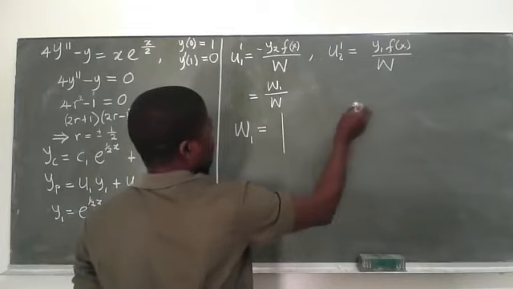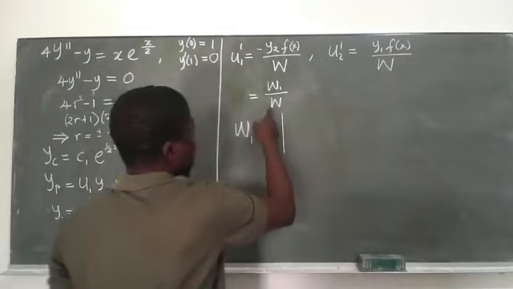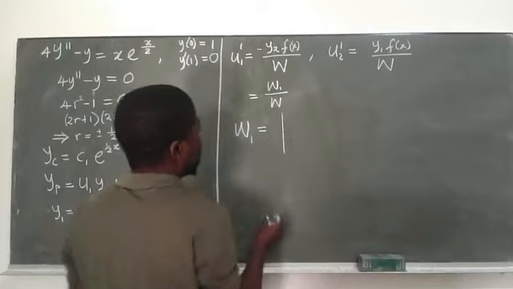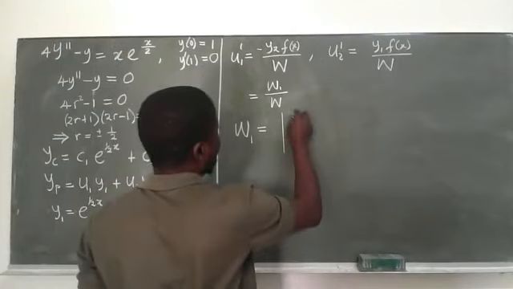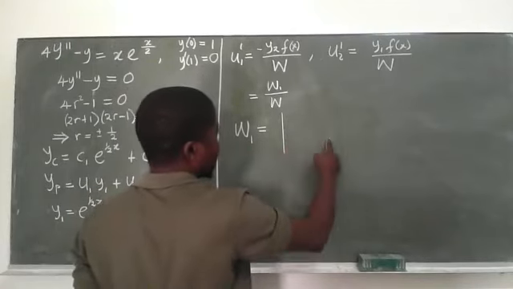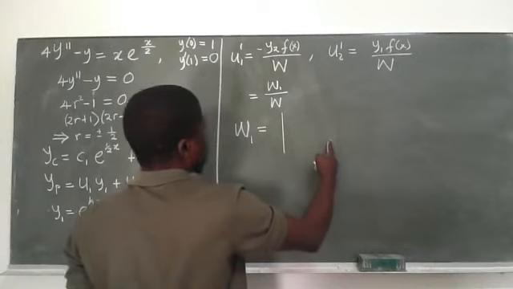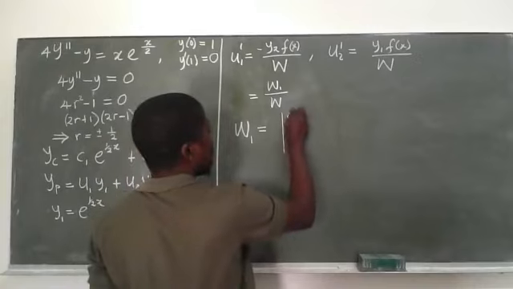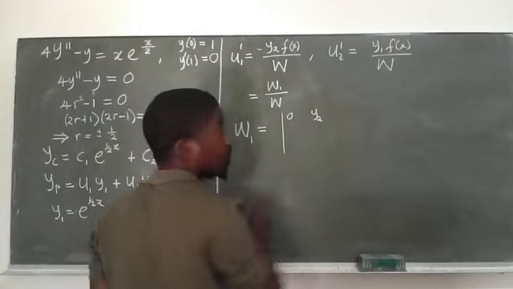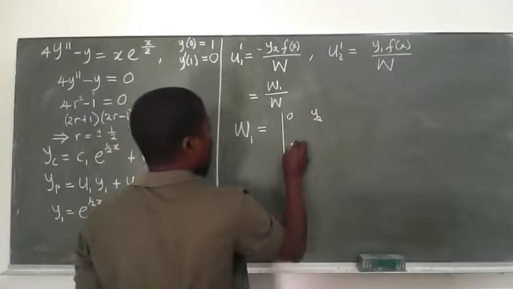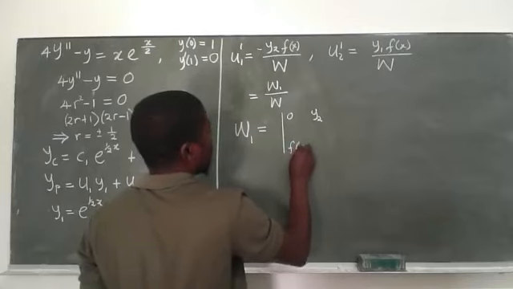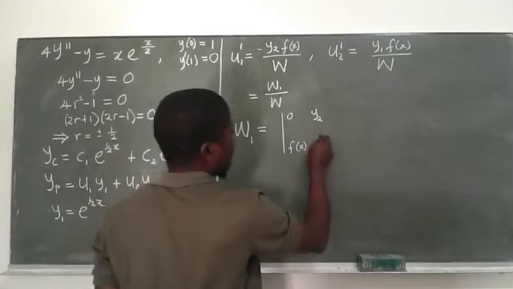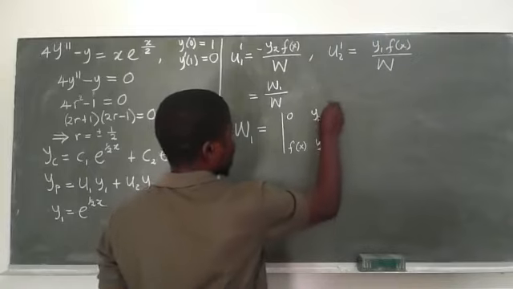Remember, for the Wronskian W, it is y1, y2, y1 prime, y2 prime. For this one, it will be 0, y2, and your f of x down here, and that will be y2 prime.